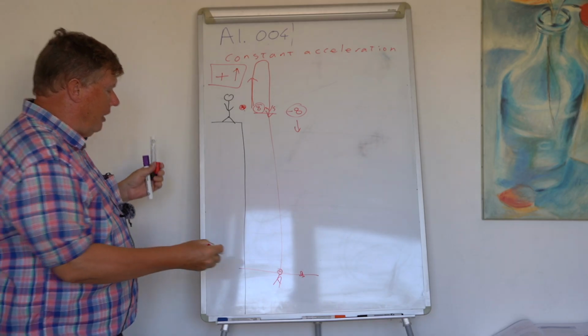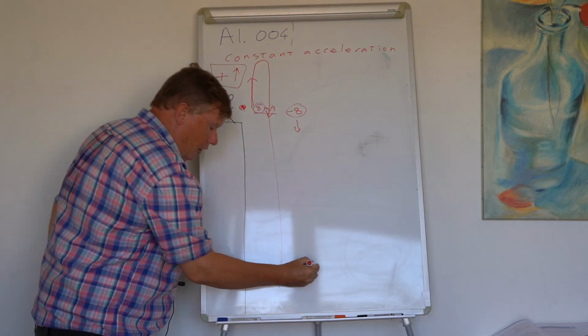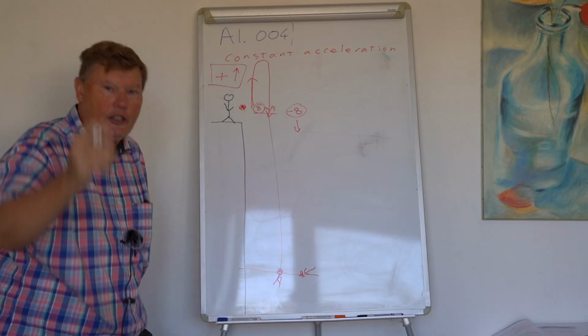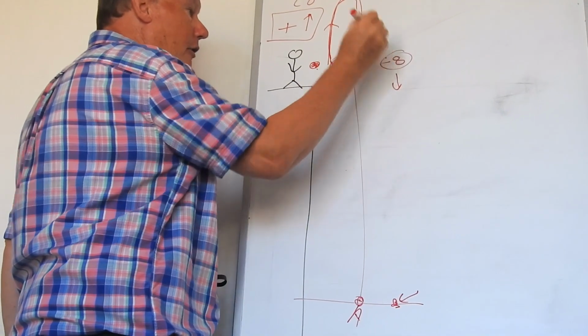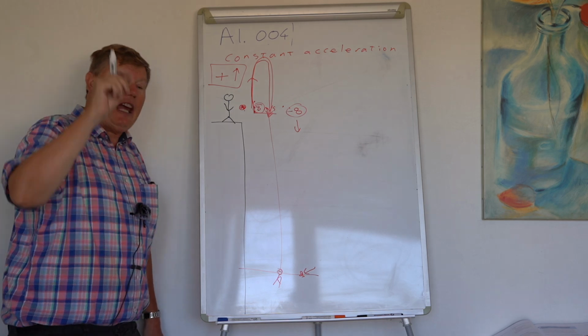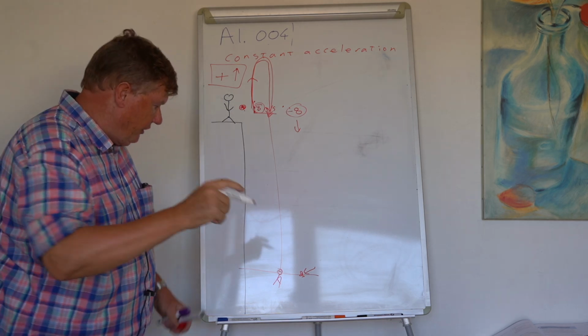Obviously, the total time in A will be longer because it's had to go up and come back down again. But the speed of impact at the bottom is exactly the same. Because when this ball comes back down, it will be doing 8 meters per second going down, if and only if we ignore air resistance.